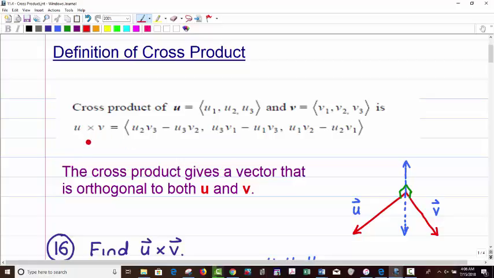So you have these three components, u1, u2, u3, v1, v2, v3. And it goes u2 v3 minus u3 v2, comma, the next component of the cross product will be u3 v1 minus u1 v3, and then u1 v2 minus u2 v1.